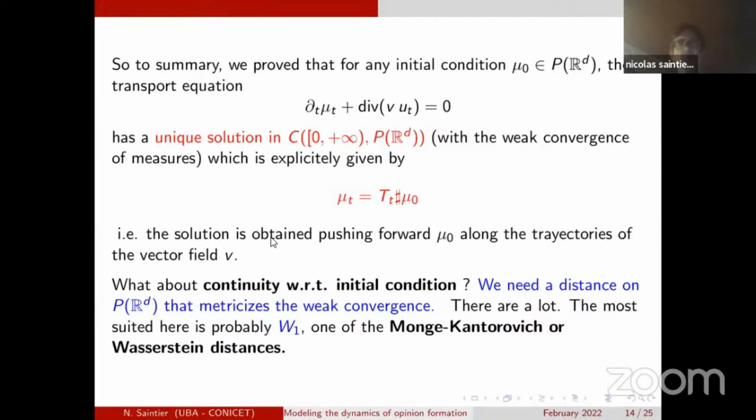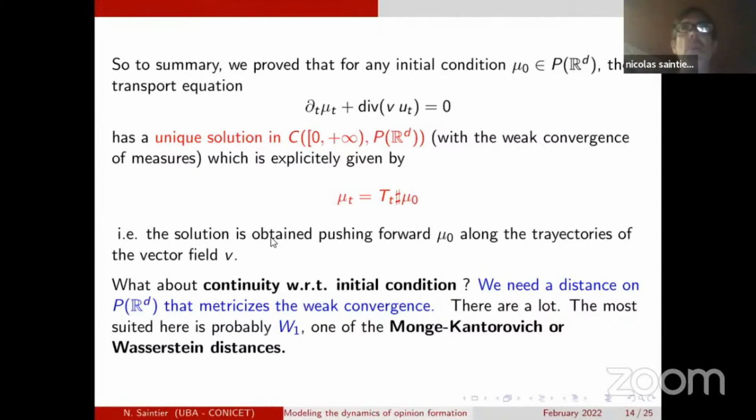And the point is that we are working with weak convergence, and there are a lot of distances which give you weak convergence. There are all the scales of Wasserstein-Monge-Kantorovich distances, and we will use one of them, which is W1.